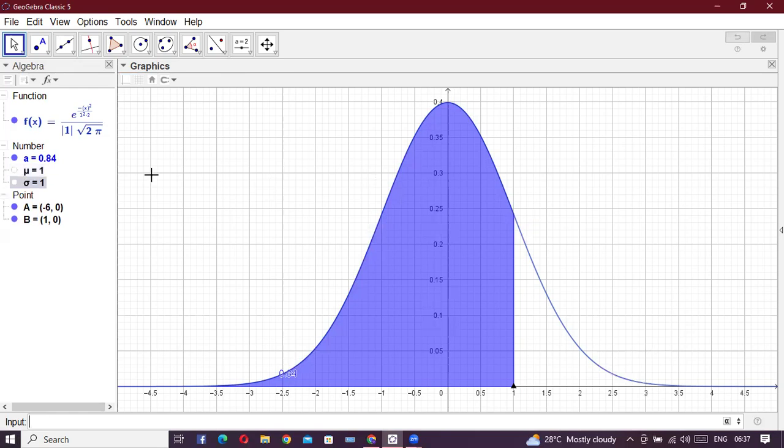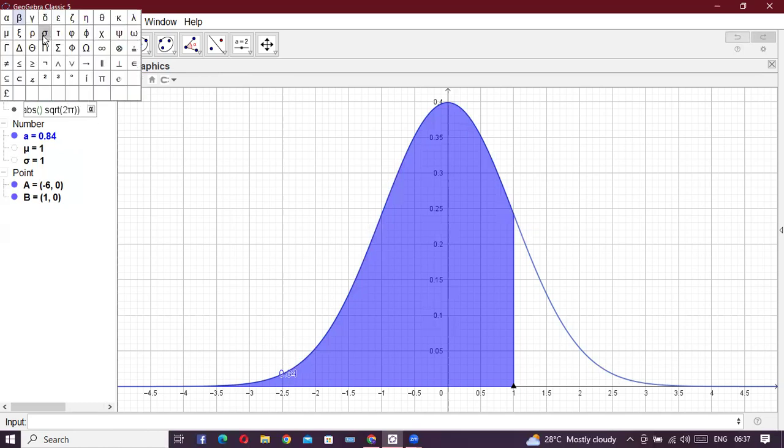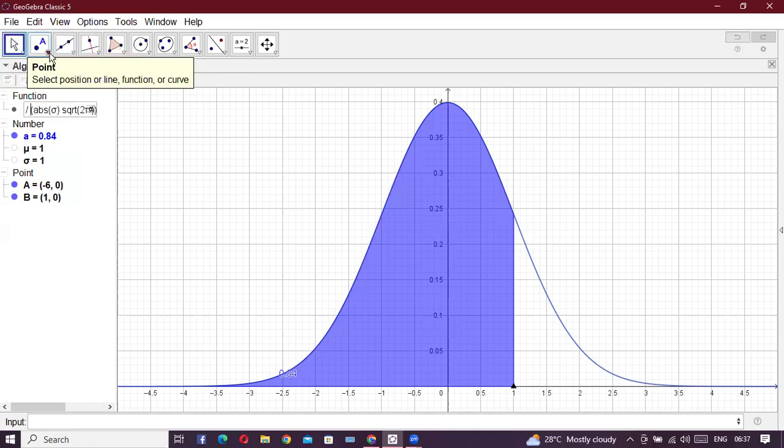Now I can go to my function. We know the formula for the normal distribution. We know that it's the absolute of the standard deviation. So instead of 1, I will insert my standard deviation symbol, which is sigma. And then at the top, the numerator, we have x minus the mean, all squared.